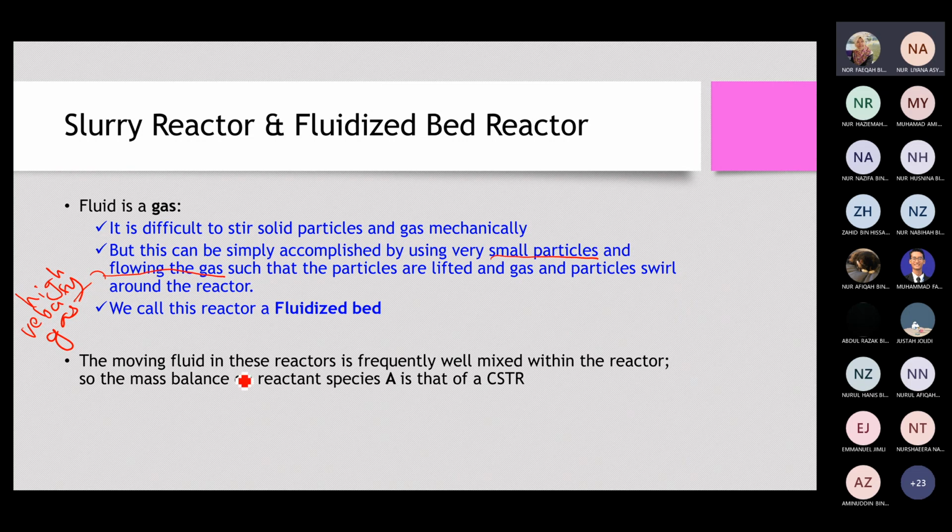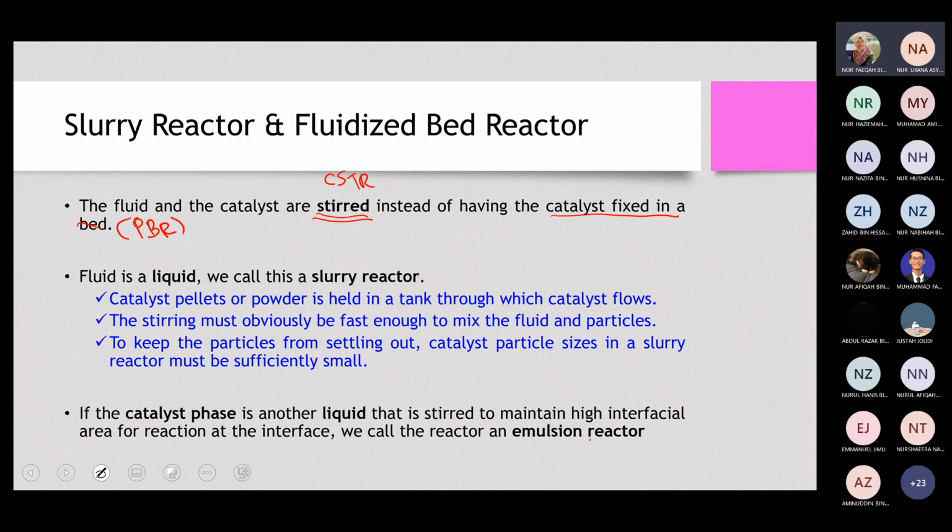The moving fluid in these reactors is frequently well mixed within the reactor. So the mass balance on the reactant species A is that of a CSTR, meaning that the mass balance for a fluidized bed reactor can be assumed as a CSTR. Similar for the slurry reactor just now.